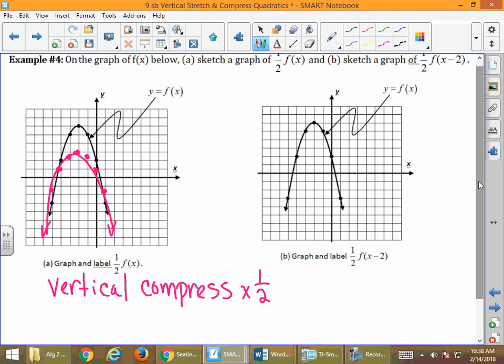Now when we get over here to the right-hand graph, we're going to do -2. The -2 is inside the function, and how does that change our function? What does minus 2 inside the function do to the function?